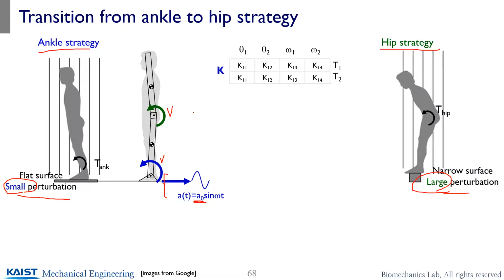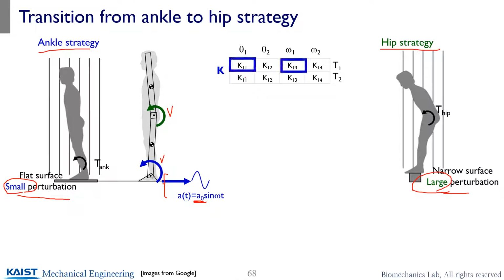Okay. If this is a linear control, you will have a constant gain, and if you increase the perturbation magnitude, your response will just uniformly scale. You wouldn't change from ankle to hip, or from a single-segment to a two-segment dominant response, right? So what that means is your gain would change.